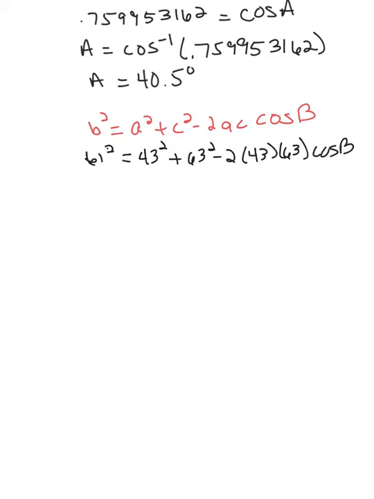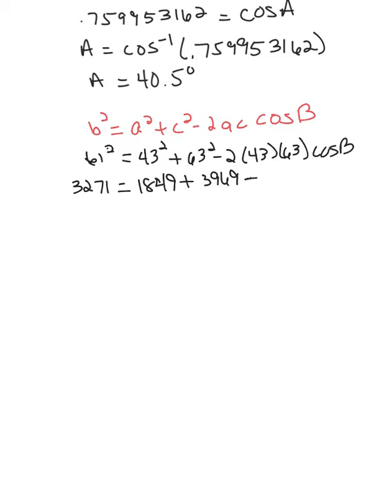61 squared is 3271. 43 squared is 1849. 63 squared is 3969.